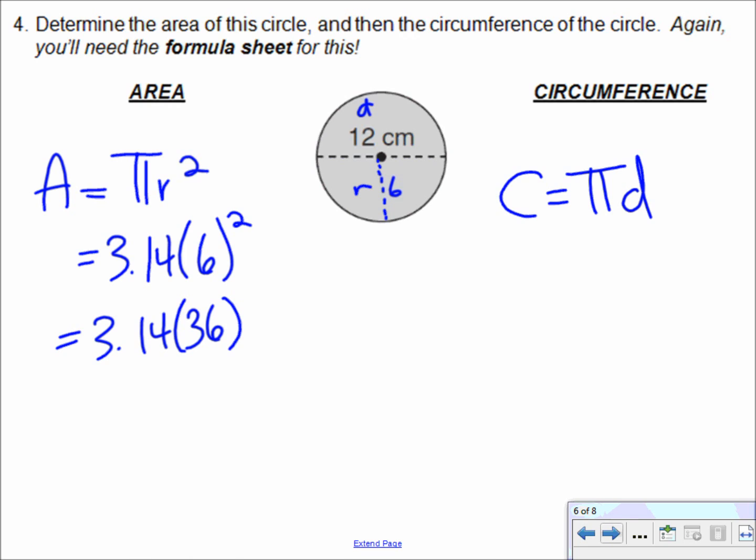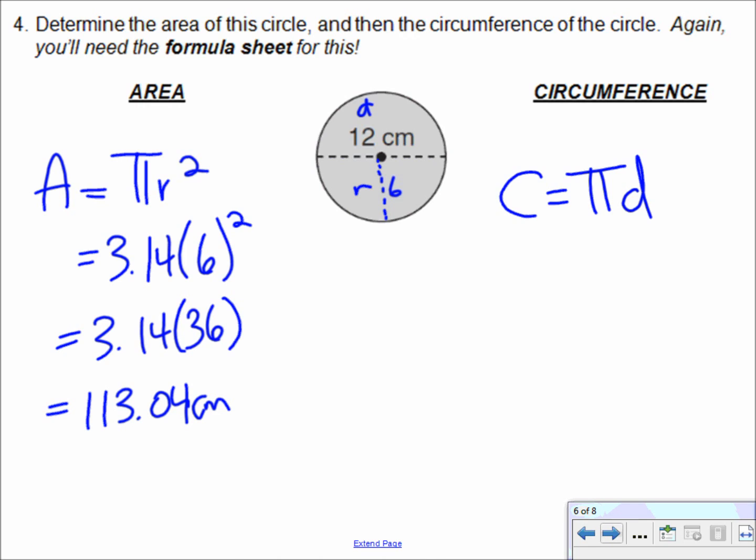Especially if you're using the graphing calculator, you can do this all in one step, and it'll calculate it really nicely. 113.04. Any decimals? So we won't put any on. I'm going to actually just put the decimals, just so people aren't like, oh, well, where did they go? Okay? 0.04.